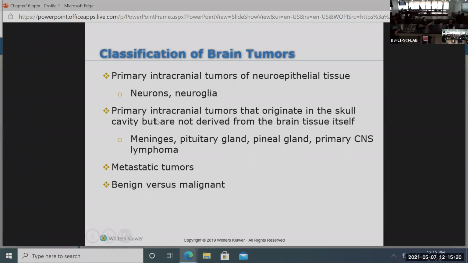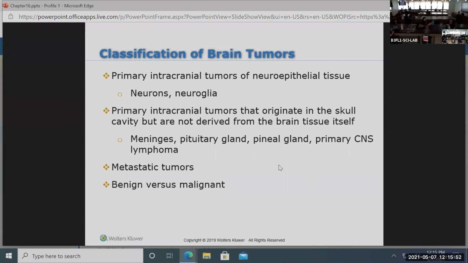The primary intracranial tumors that originate in the skull cavity are not derived from the brain tissue itself. It is the meninges that may be involved, maybe the pituitary gland, maybe the pineal gland, or primary CNS lymphoma. We have metastatic tumors, where cancer from other parts spreads to the brain.